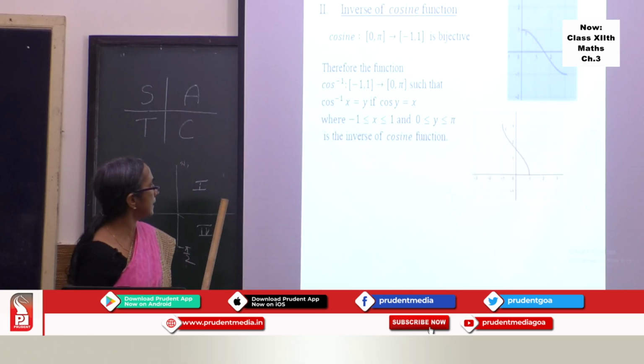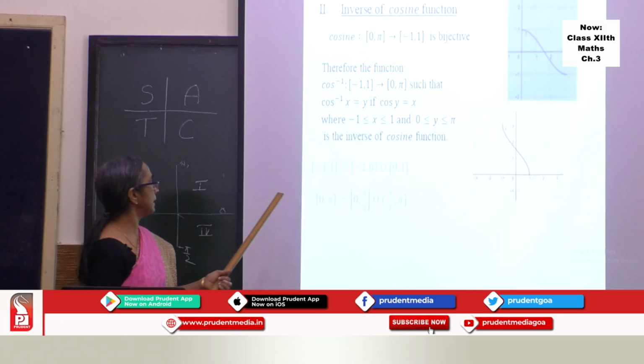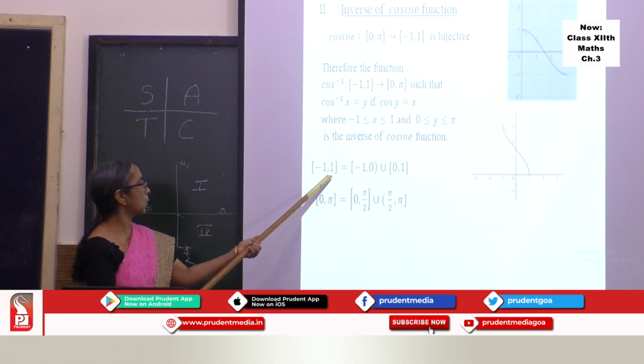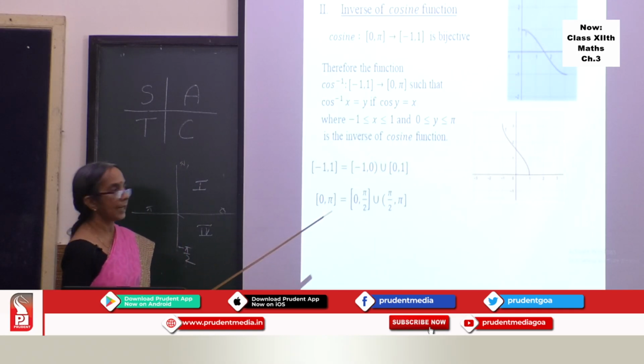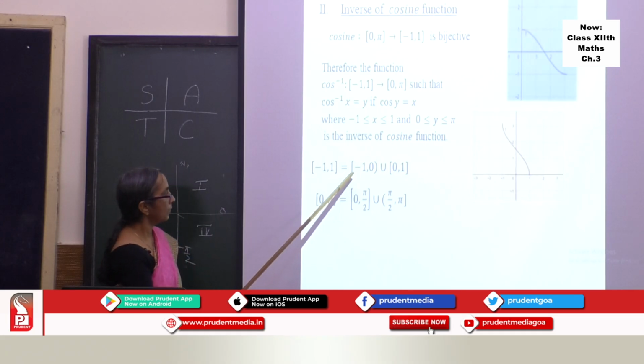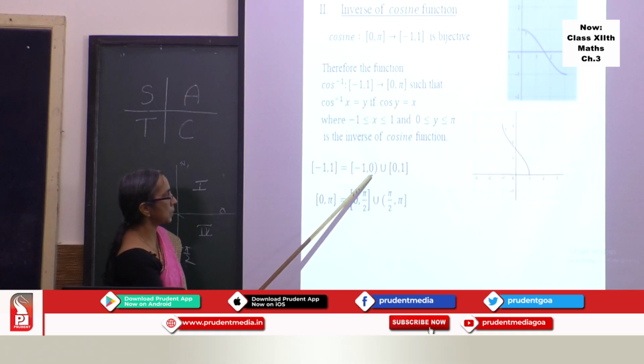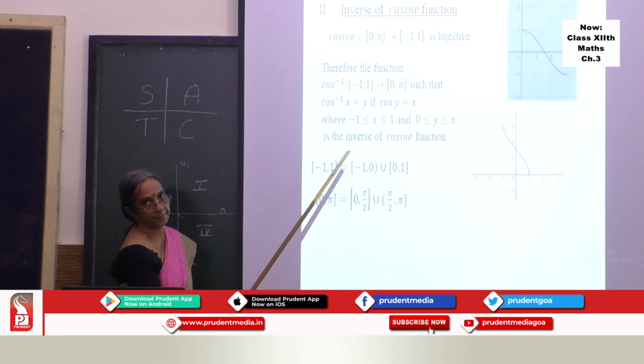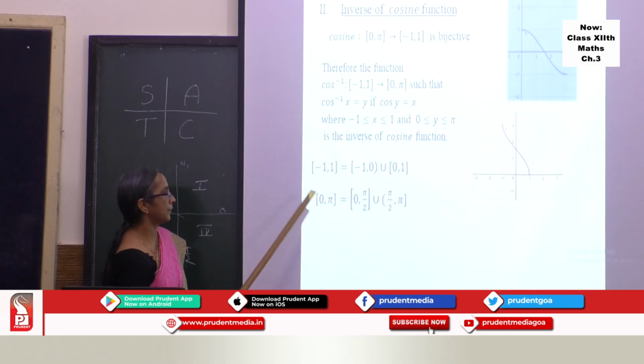Okay. So, let us see the breaking of the intervals. Minus 1 to 1, we can write as the union of these two intervals, minus 1 to 0 and 0 to 1, like the sine function.